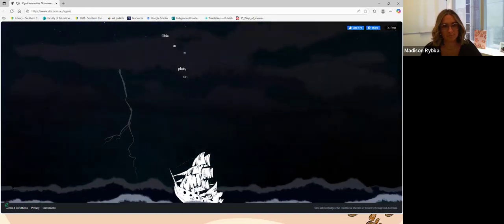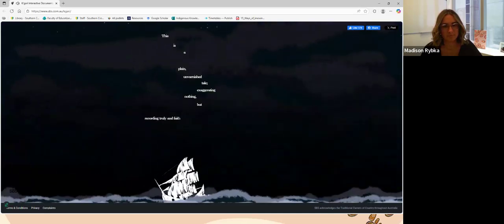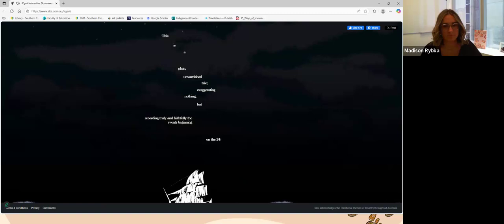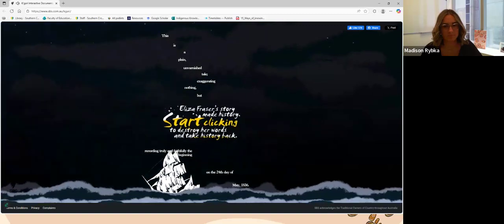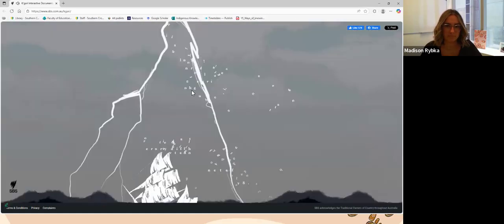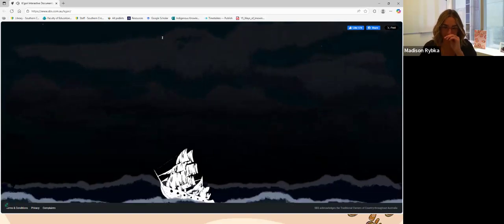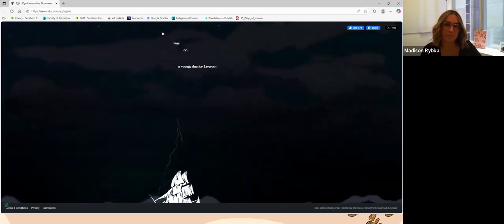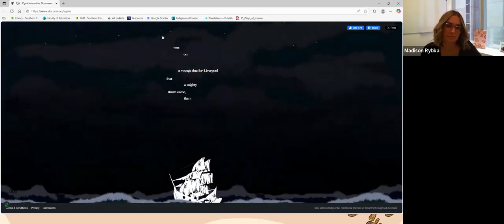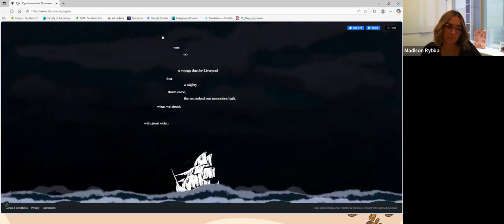This is a plain, unvarnished tale, exaggerating nothing but recording truly and faithfully the events beginning on the 24th day of May, 1836. It was on a voyage due for Liverpool that a mighty storm came. The sea indeed run mountains high, when we struck with great violence upon a hidden reef.